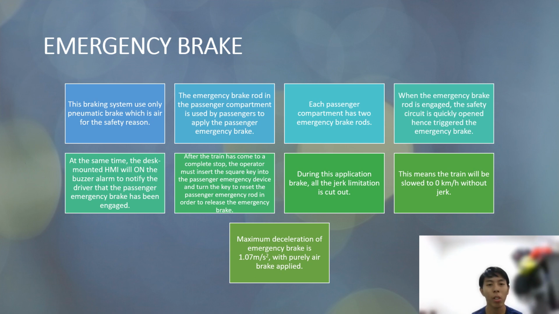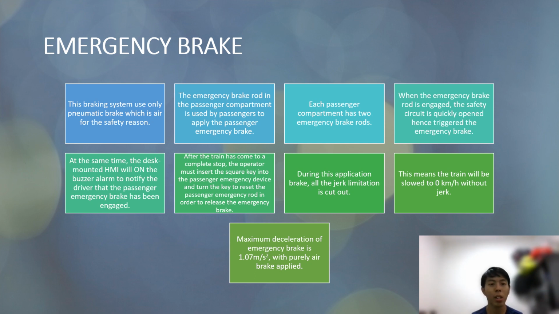The emergency brake rod in the passenger compartment is used by the passengers to apply the passenger emergency brake. Each passenger compartment has 2 emergency brake rods. When the emergency brake rod is engaged, the safety circuit is quickly opened, hence triggering the emergency brake.